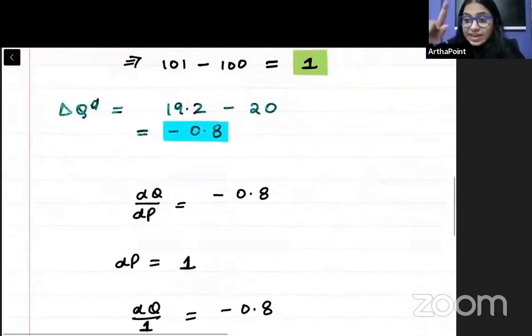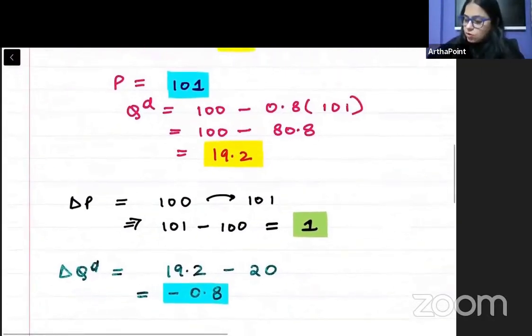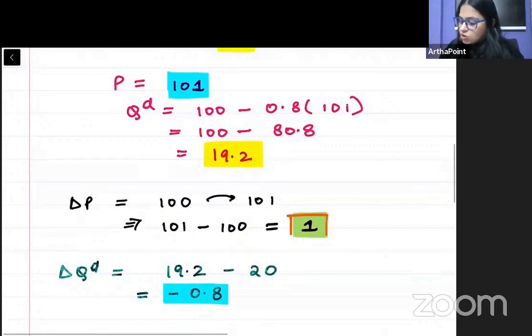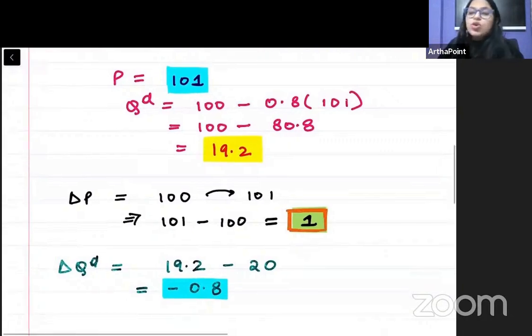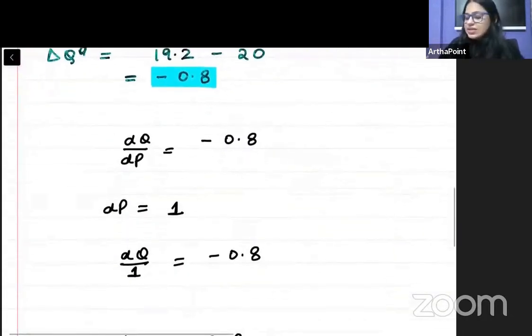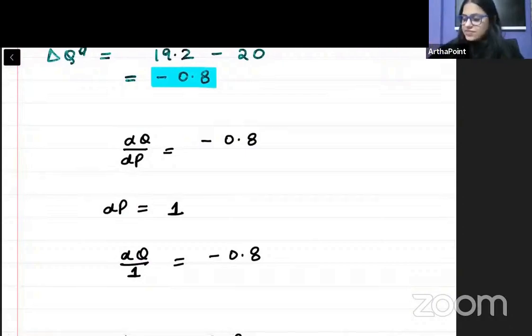When you are increasing your price by 1, your quantity is decreasing. Negative sign, so decreasing. So your quantity is decreasing by 0.8 units.